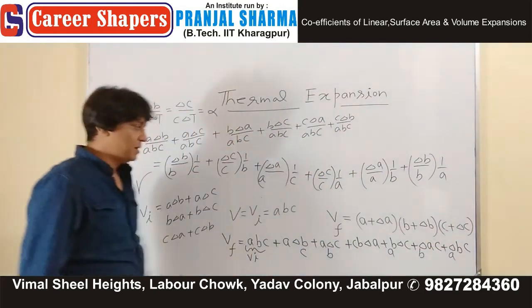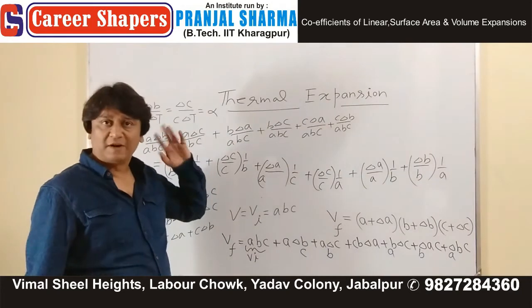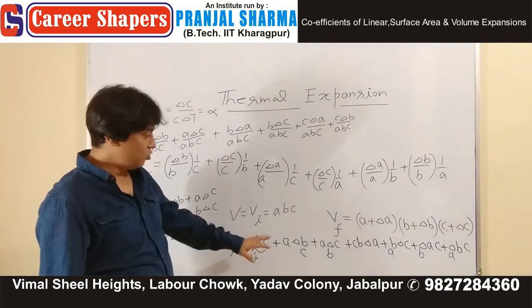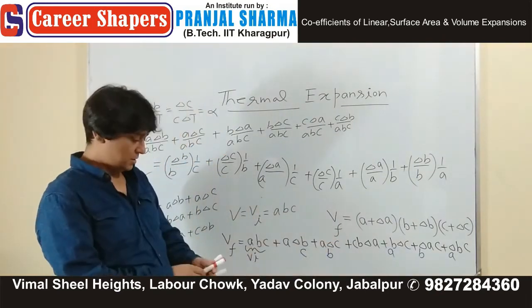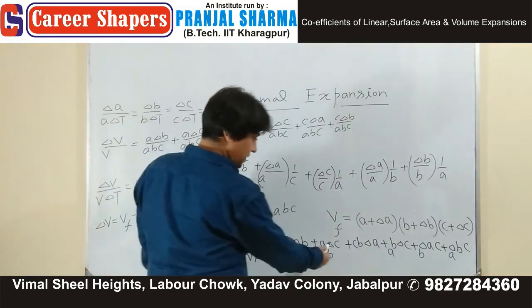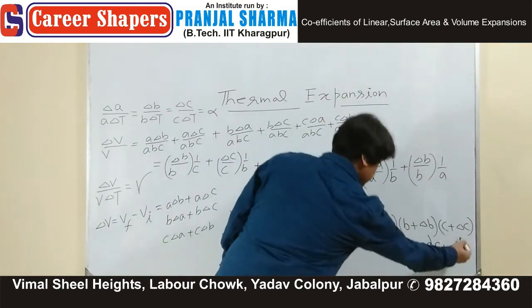So remember, we have committed a silly mistake which is not difficult to understand. So do what? Remove all those terms which are extra. What are the terms extra? Delta B, delta C, delta A. This is extra, this is extra, this is extra.